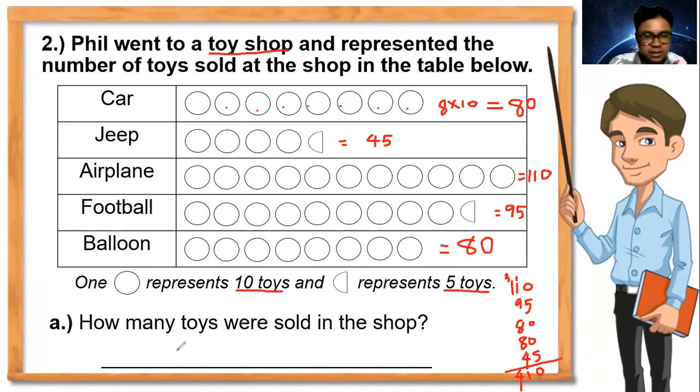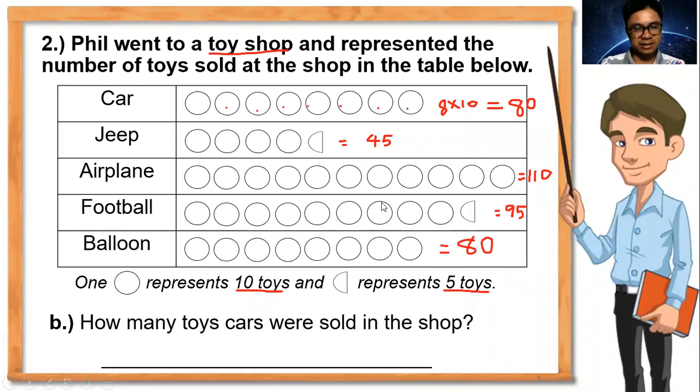So how many toys were sold in the shop? 410 toys. This is the total number of toys sold in the shop. Okay, letter B. How many toy cars were sold in the shop?